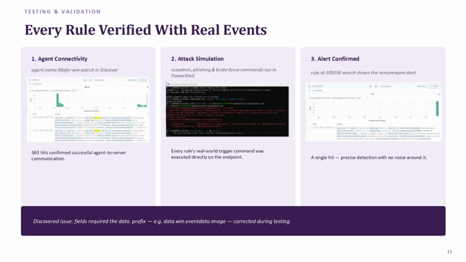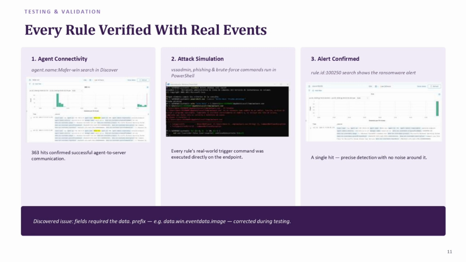Testing was a critical part of this project. I validated every single rule using a real event, not just theory. First, I confirmed that the agent was really sending data by searching for the agent name Mafferwin in the Discover section. This returned 363 hits, confirming a strong connection.